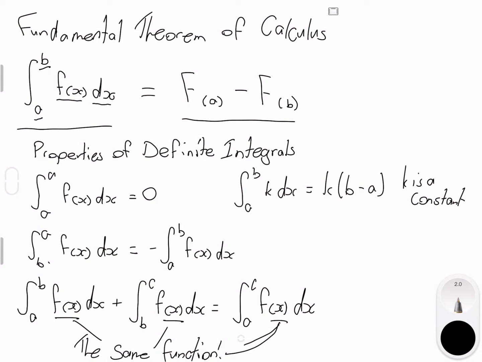If you think about that for a moment, k would represent our value on the y-axis, and a to b is a distance on the x-axis, so really it's x times y, which is just the area of a rectangle.